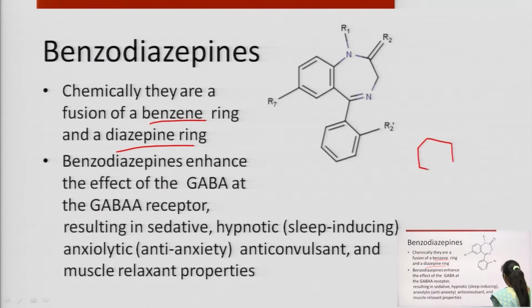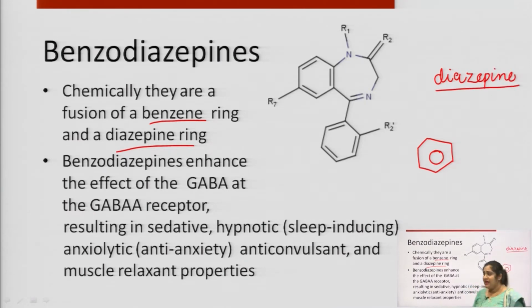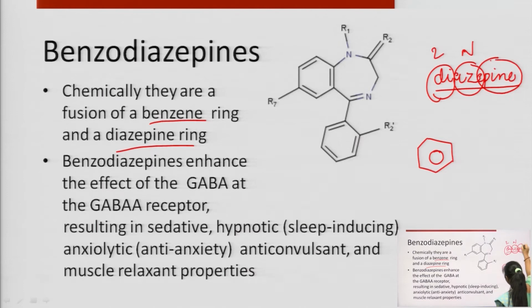First we will draw a benzene ring and, apart from that, a diazepine. First we will understand what is diazepine. As the name suggests, di means two, aza means nitrogen, and apine is a suffix used when there is a 7-membered ring.